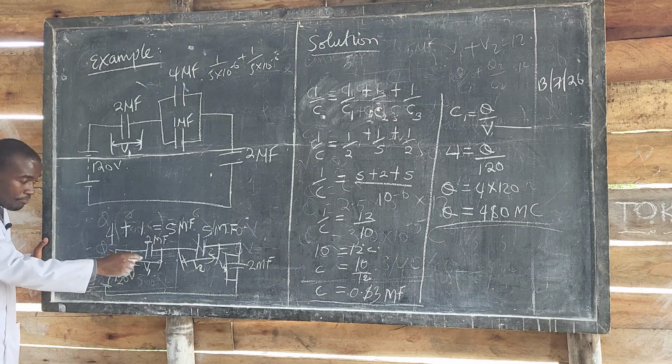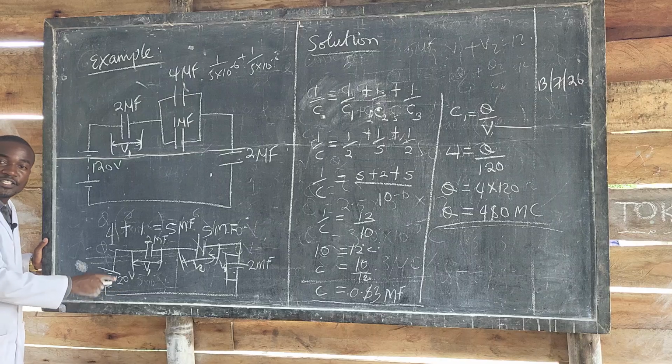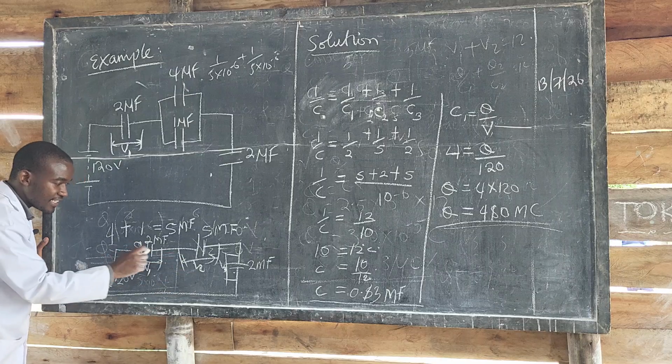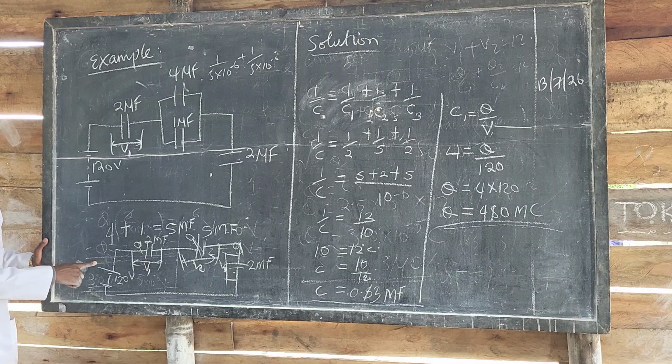Yes. If you add the PD here plus the PD here plus the PD here, you get 120. But for this form of arrangement, the charge here is the same as the charge there, is the same as the charge there, because they are in series. Are we together?